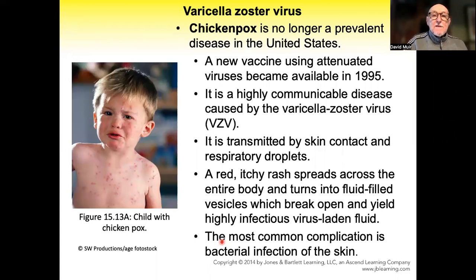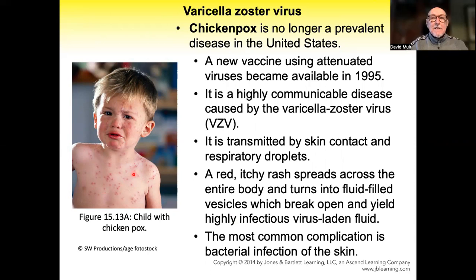Okay, so this is varicella zoster, and this is chickenpox. This is the typical chickenpox rash, and these are pox. They're the little pustules, and it's a highly communicable disease, and very rapidly spread.